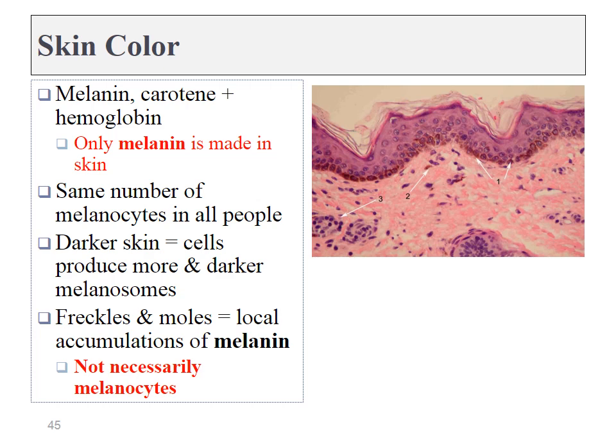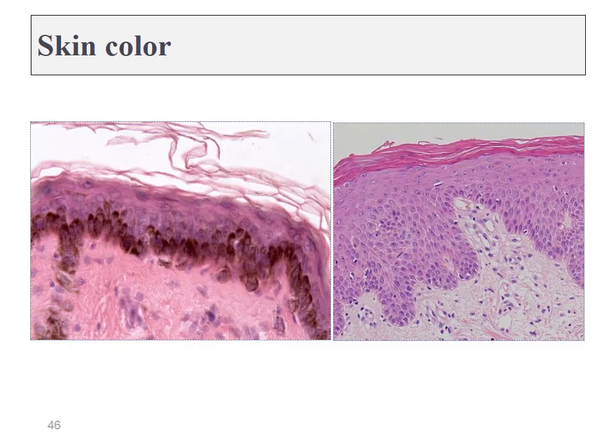Those of us who have freckles or moles, those are regions of the skin that produce more melanin, not necessarily more melanocytes, just more active melanocytes. Here are a couple pictures of skin. You will notice that on the left, we see somebody with darker skin.